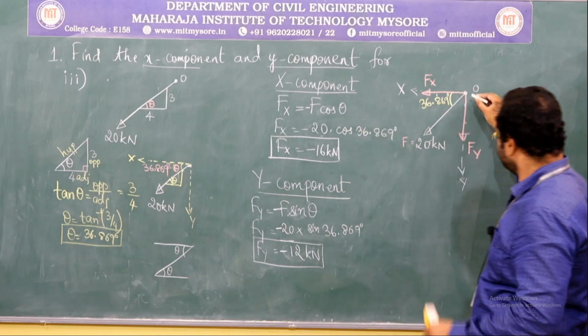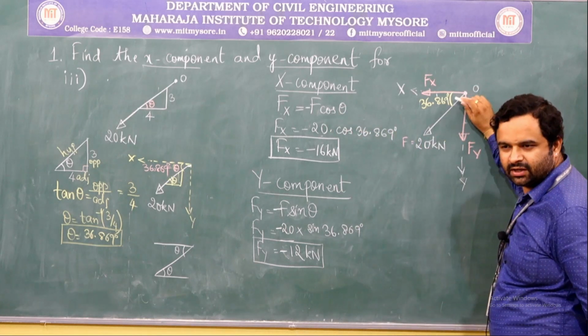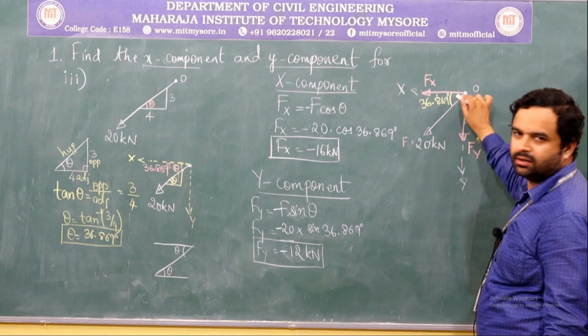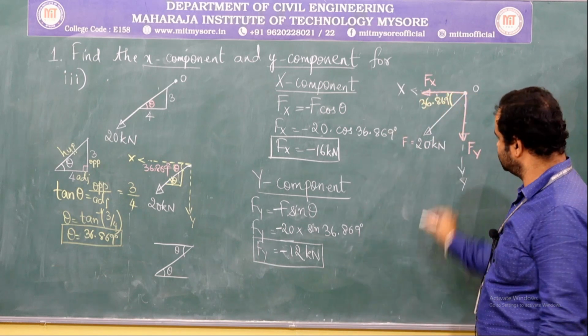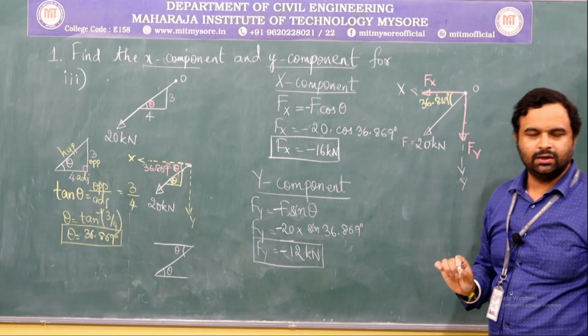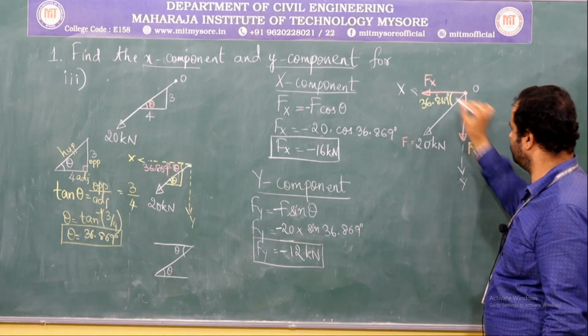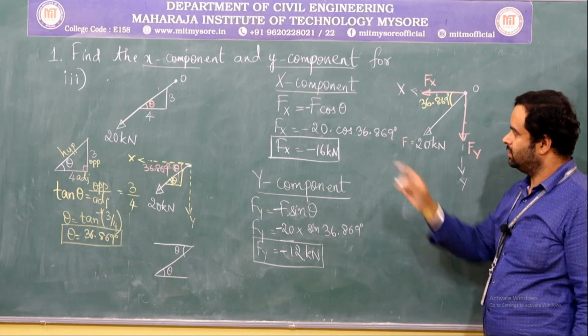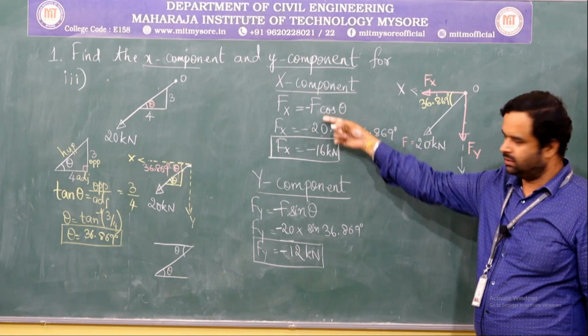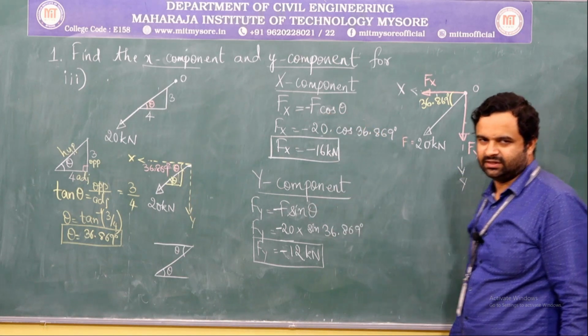Now, write the value of theta here and resolve the forces. Since this force is in the third quadrant, use the sign conventions appropriately and find the x component and y component. Fx is equal to minus F cos theta, Fy is equal to minus F sin theta.